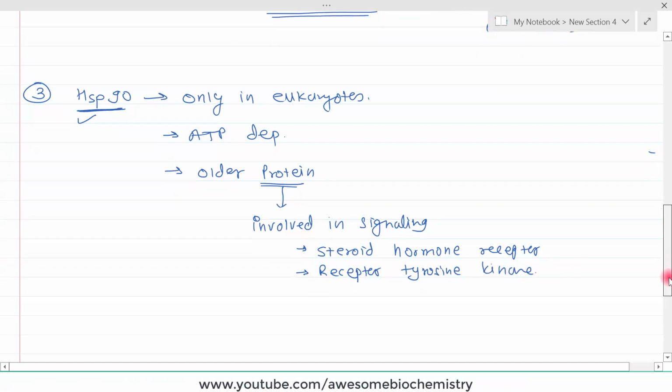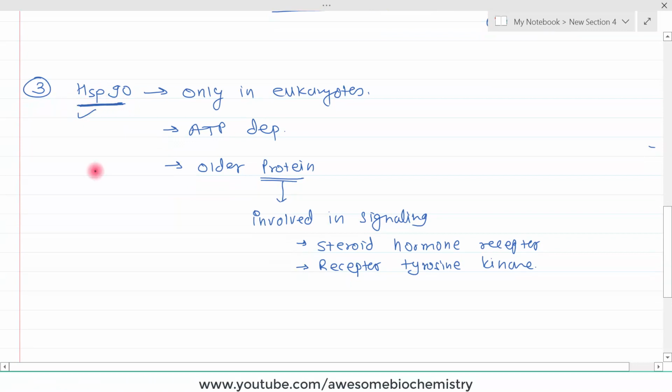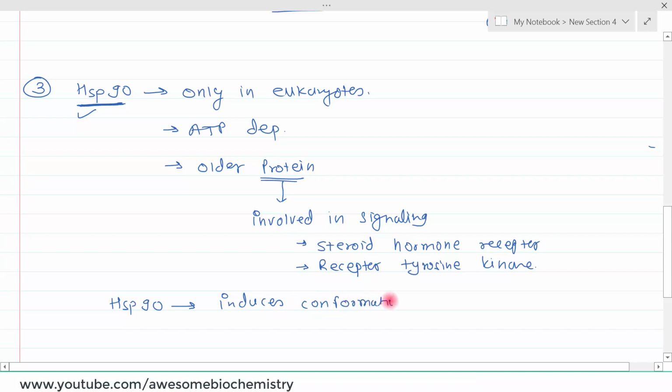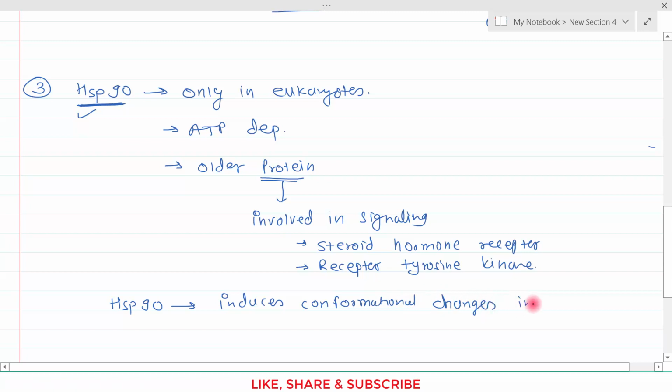Now this HSP90 folds protein with some peculiarity. See, HSP90 induces conformational changes in protein. So as a part of protein folding, it induces conformational changes, right?